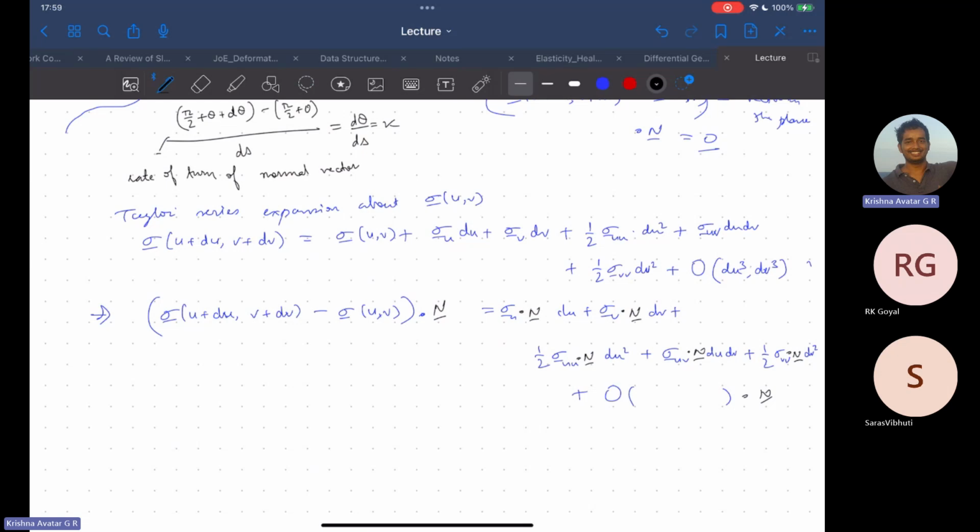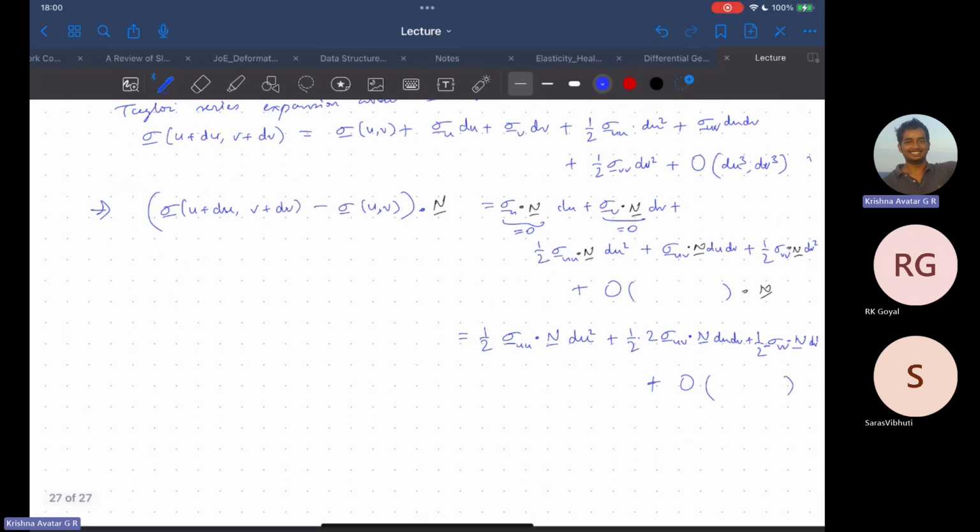Now we recall that the n vector is always perpendicular to sigma u, so sigma u dot n is 0. Likewise, sigma v dot n is also 0. So we are left with half sigma uu dot n du squared, plus half into 2 sigma uv dot n du dv, plus half sigma vv dot n dv squared, plus higher order terms.